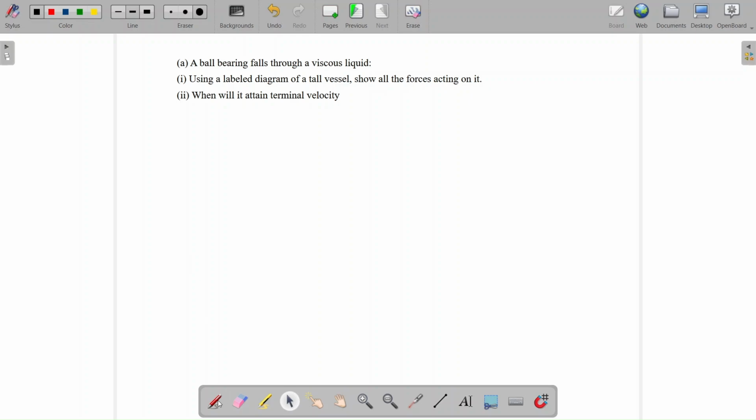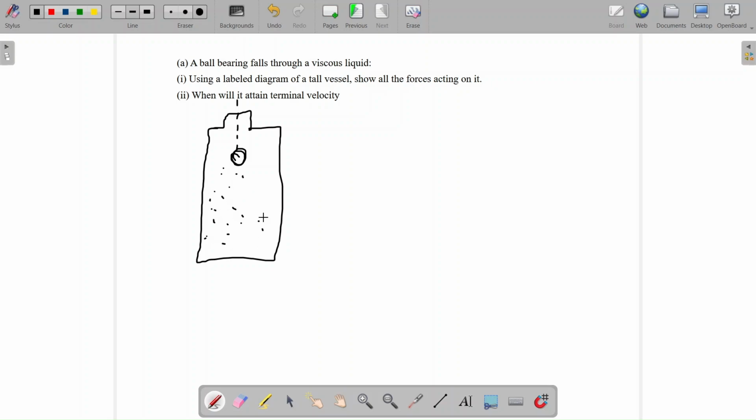So we are to have a labelled diagram of a tall vessel. So let's consider this as the vessel. So we have a ball bearing dropped inside this viscous liquid. It can be oil, it can be anything.